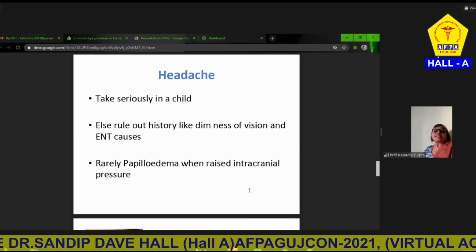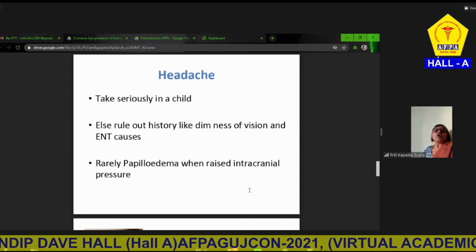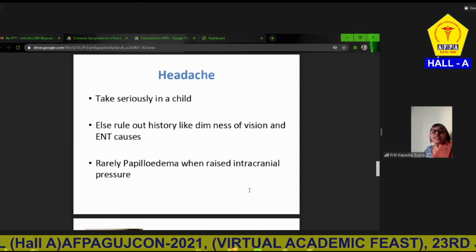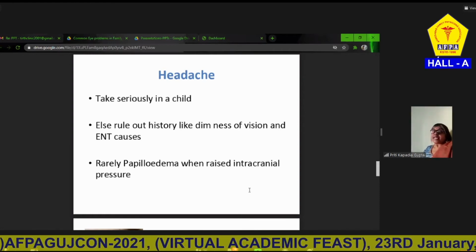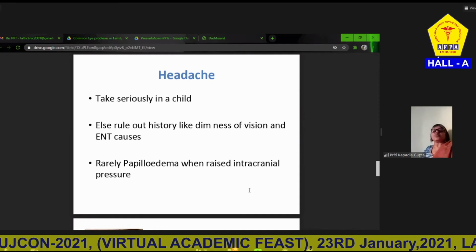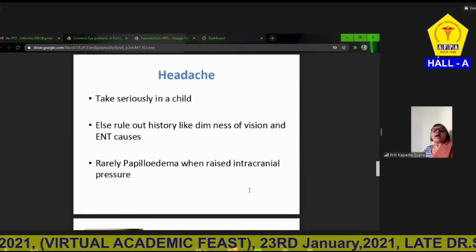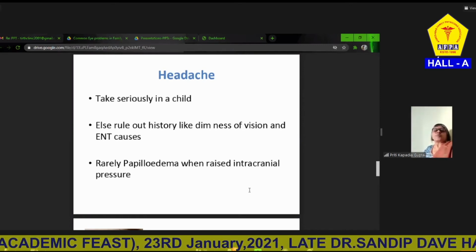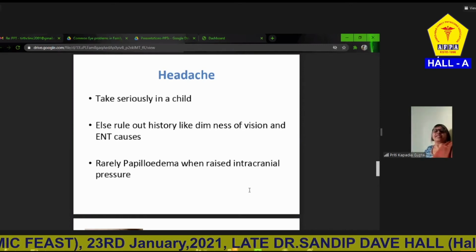Especially if you find the slightest sign of intracranial pressure increase, or meningeal irritation signs. Even without that, we found that papilloedema has led us to a diagnosis of intracranial space occupying lesions and other things. Next.